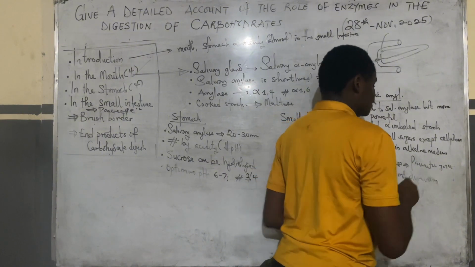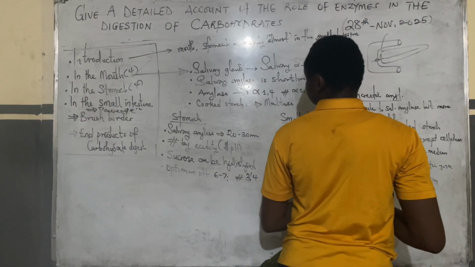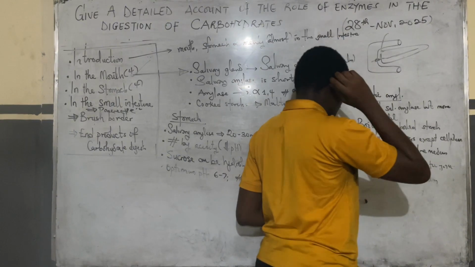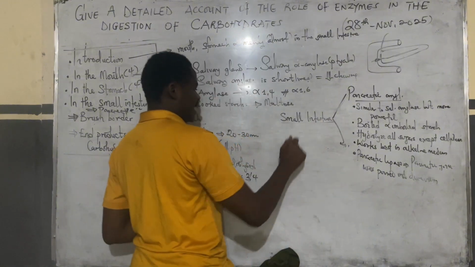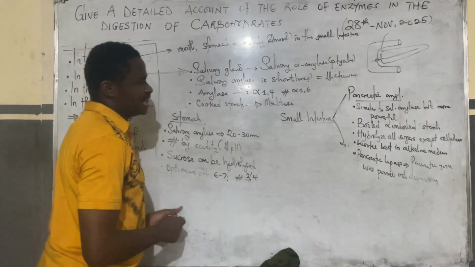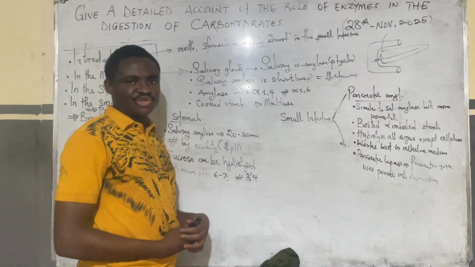All right, that is what I want you to appreciate, very necessary. So that's what happens with pancreatic amylase there. I've highlighted some of the major things you should note.